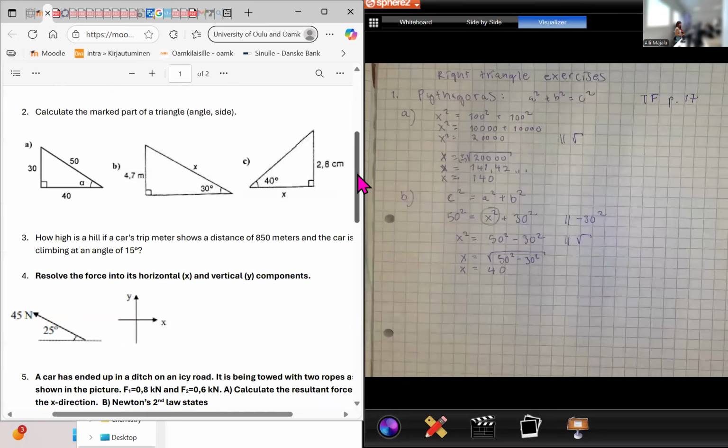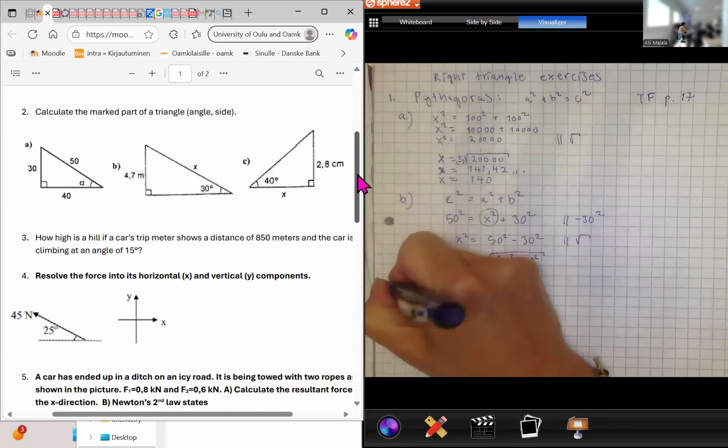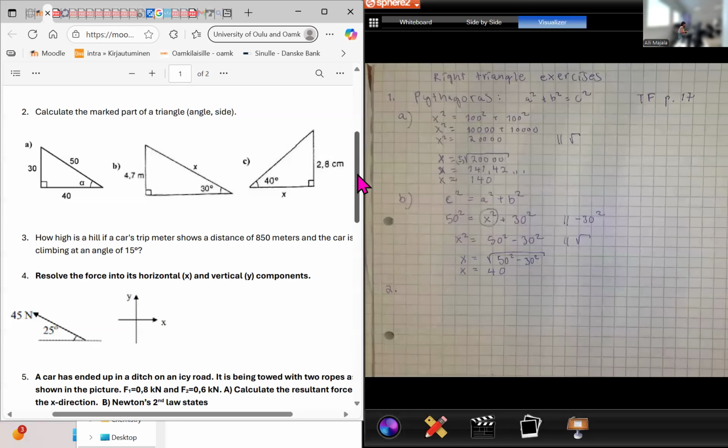So in the next, you should calculate the marked part, so it can also be an angle. And then if this is self-evident to you, you can also do the quiz or some next topic, as long as you know how this goes.